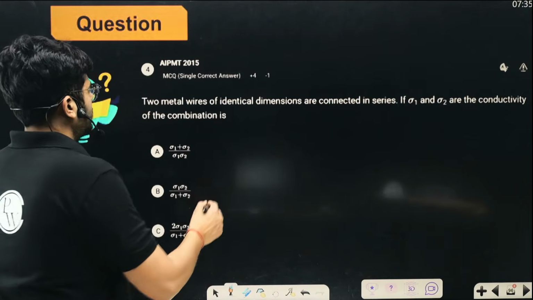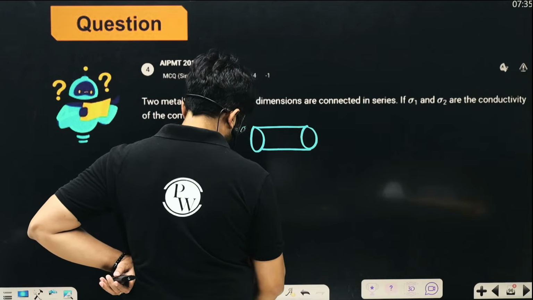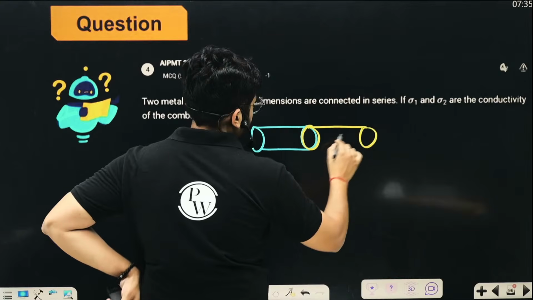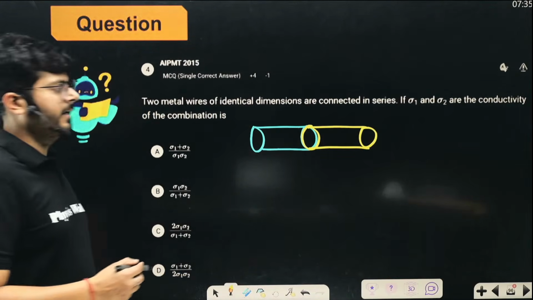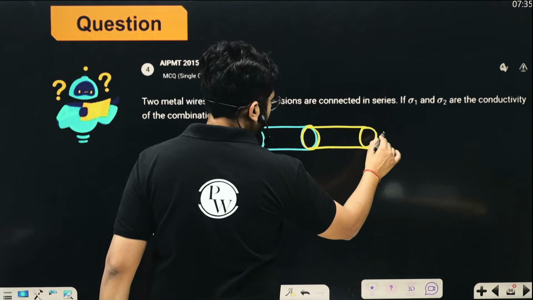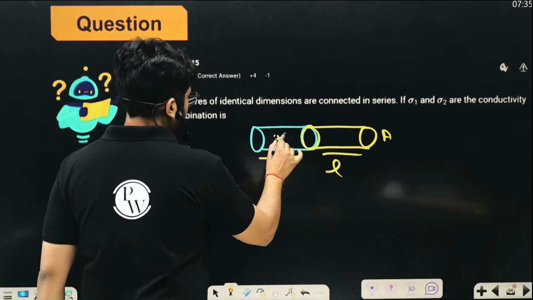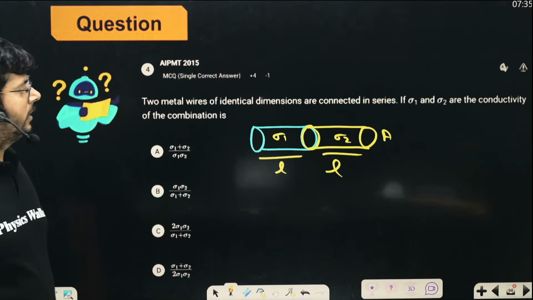Two metal wires of identical dimension. Let's say that this is the first metal wire, right? And we are connecting another identical wire in series with it. Both of them have the same length and the same cross-sectional area, right? This one has conductivity sigma 1, this one has conductivity sigma 2.